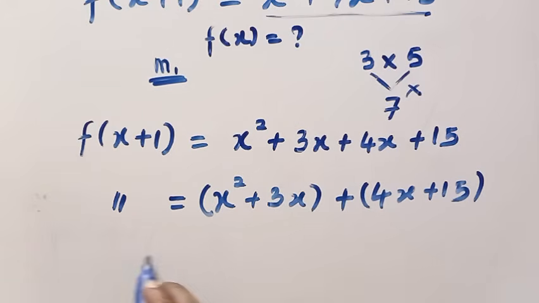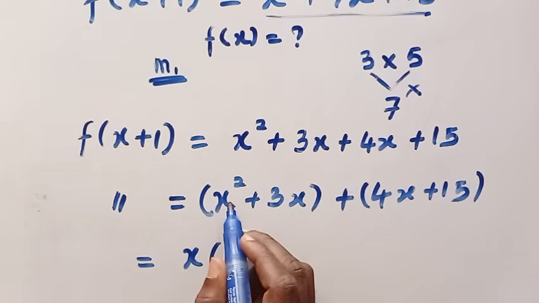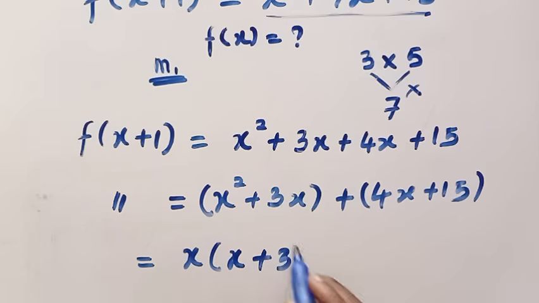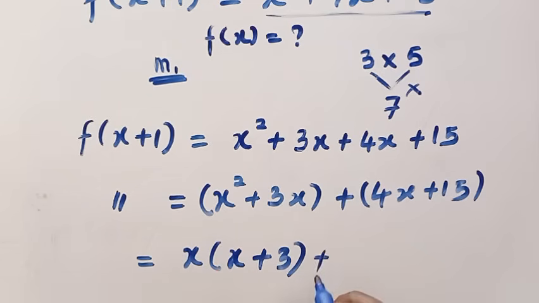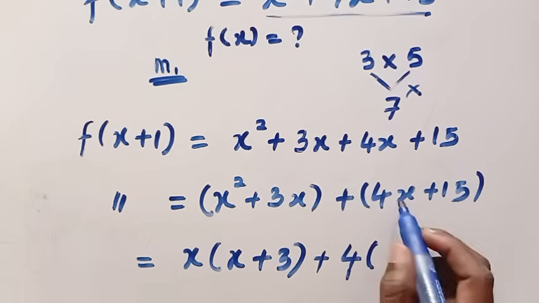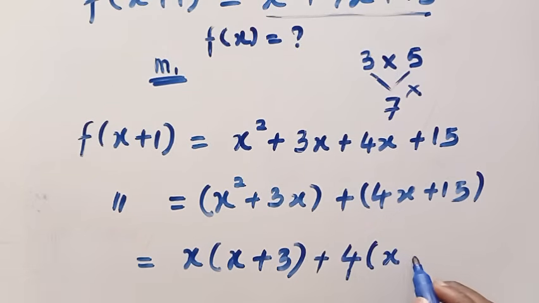In the next step, we are going to factor out x. By factoring out x, we have x(x + 3), and then let's take out 4. Taking out 4 from here, this remains x, I need plus 3, but this is 15.